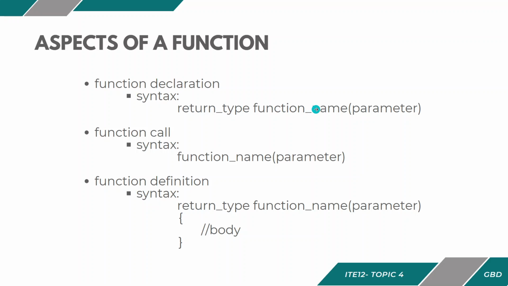And then your function name, make sure that your function name gives an idea of what the function does, what it will perform, the definition of the function. So it's better that the function name is close to its ability.